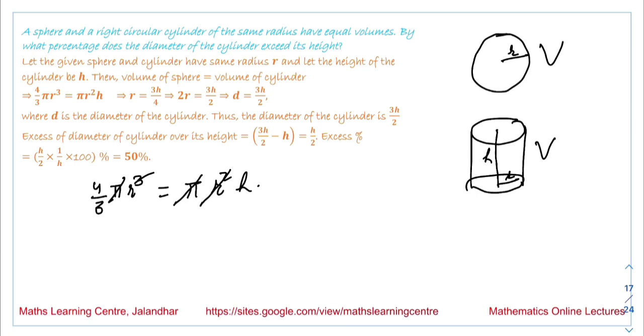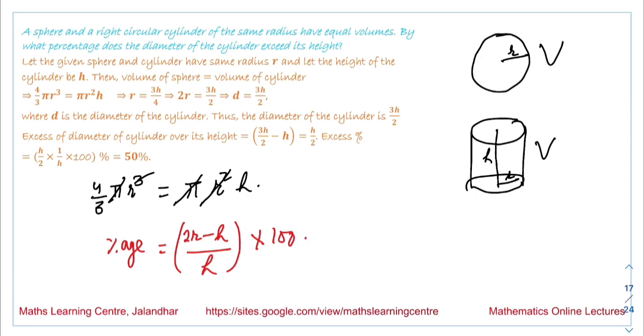So the ratio we have to calculate is by what percentage the diameter of the cylinder exceeds its height. The percentage we are talking about is basically this: the original value we have is h, and we have to find by what percentage the diameter exceeds the height. The diameter is 2r, so it is 2r minus h, into 100.